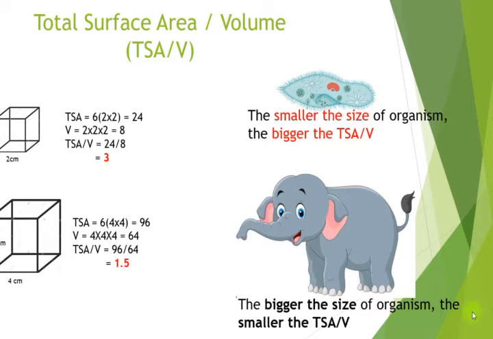I hope you can understand the concept of the total surface area to volume ratio. So what is the concept that you have to know? The smaller the size of the organism, the bigger the TSA per V, whereby the bigger the size of the organism, the smaller the TSA per V.